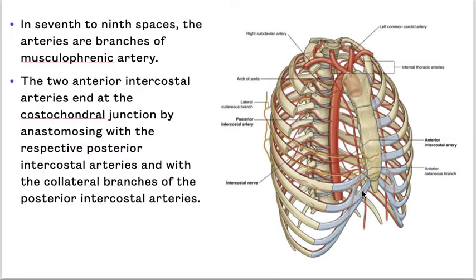In the 7th to 9th spaces, the arteries are branches of the musculophrenic artery. The 2 anterior intercostal arteries end at the costochondral junction by anastomosing with the respective posterior intercostal arteries and with the collateral branch of the posterior intercostal artery.